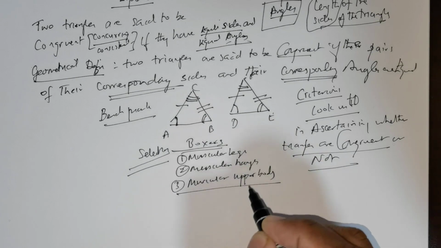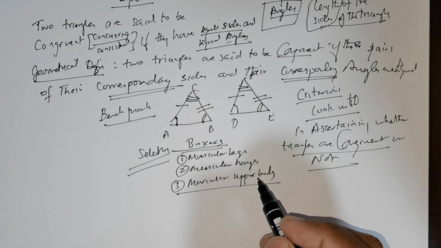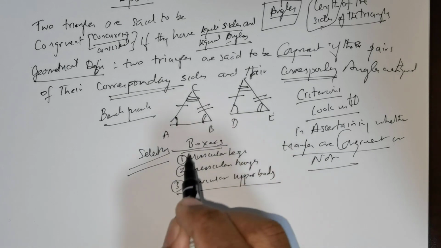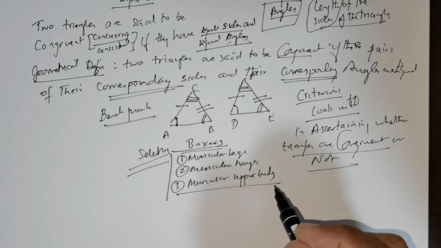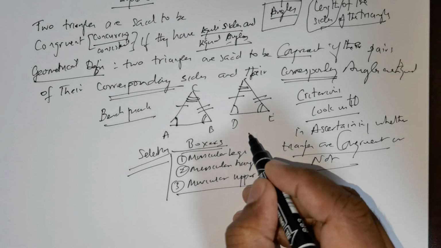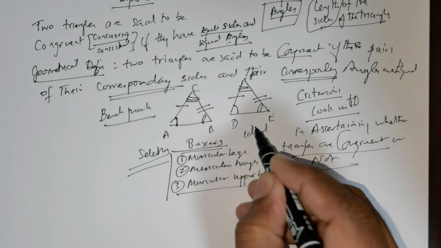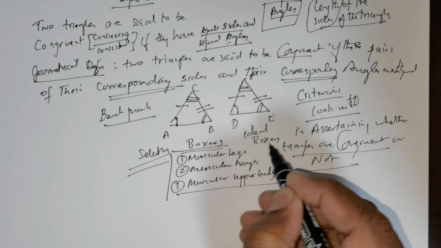So these are the three criteria that have to be looked into. Now if they satisfy all of these three criteria, then we tell them that they are ideal boxers, right?